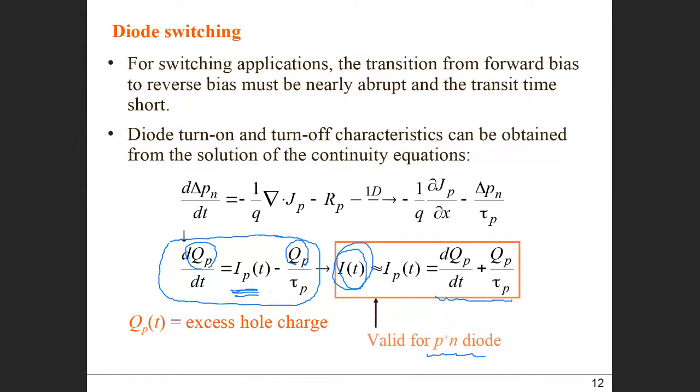This equation basically describes that when we have a certain input current in the PN junction diode, that current starts to change the accumulated charge in the N side, and that relationship can be solved by this equation. That is the starting point to look at the PN junction diode switching characteristic.